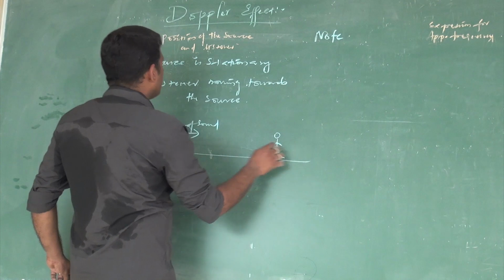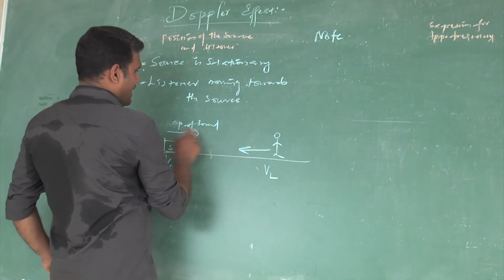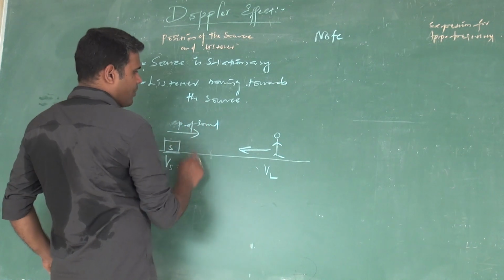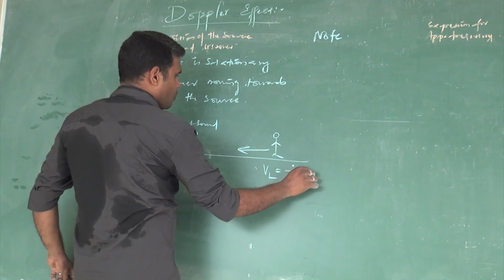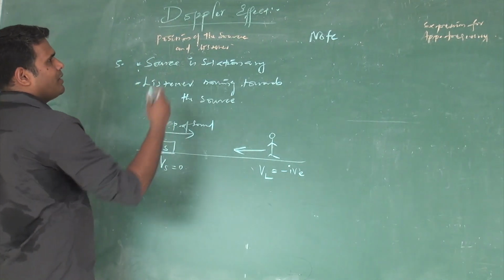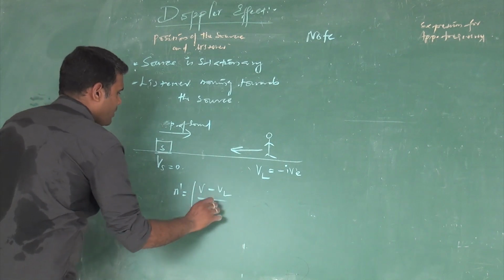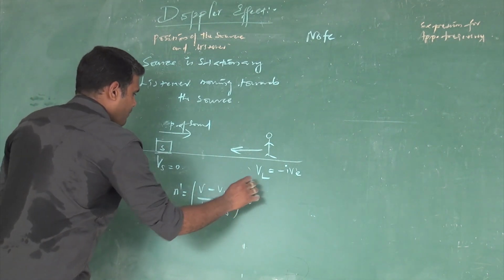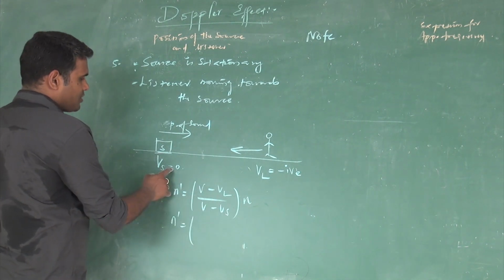The listener is moving towards the source. As he is moving opposite to the direction of propagation of sound, VL is taken negative. What will be the expression for apparent frequency here? N prime is equal to (V minus VL) divided by (V minus Vs) into n. As I have mentioned, the velocity of the sounding source is 0.